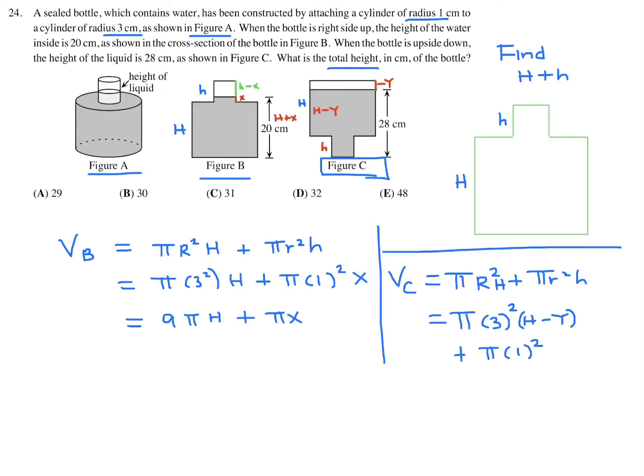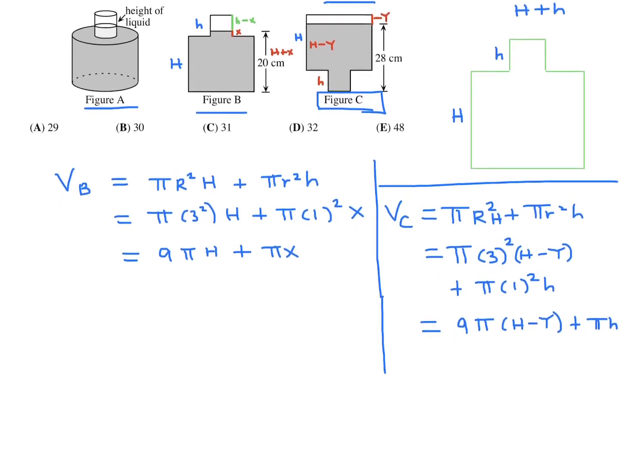And h in this case is indeed the full small h, top to bottom. So there you go. That's the correct way of writing that one. So this becomes 9 pi (H minus y) plus pi h. And that's it.